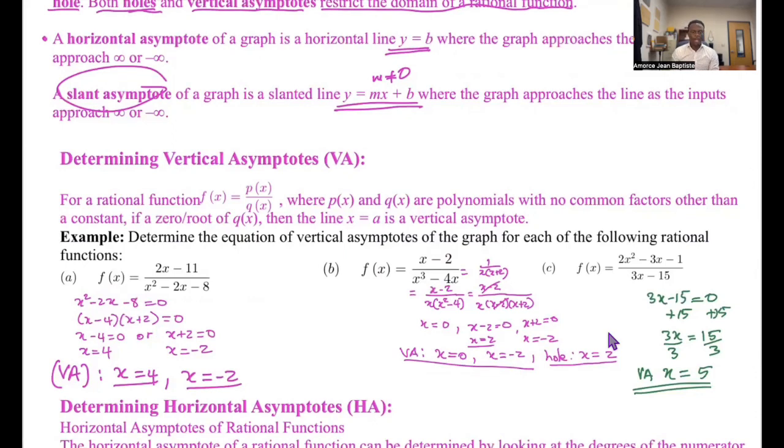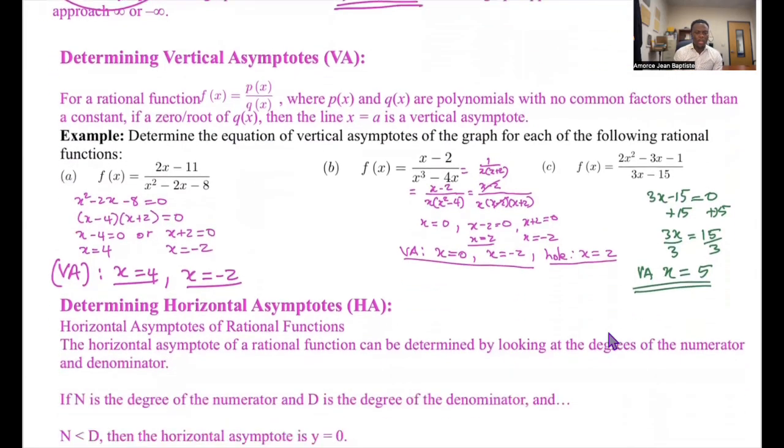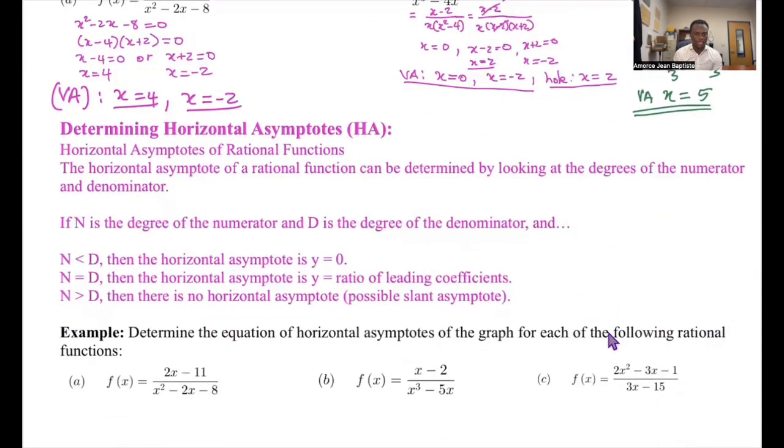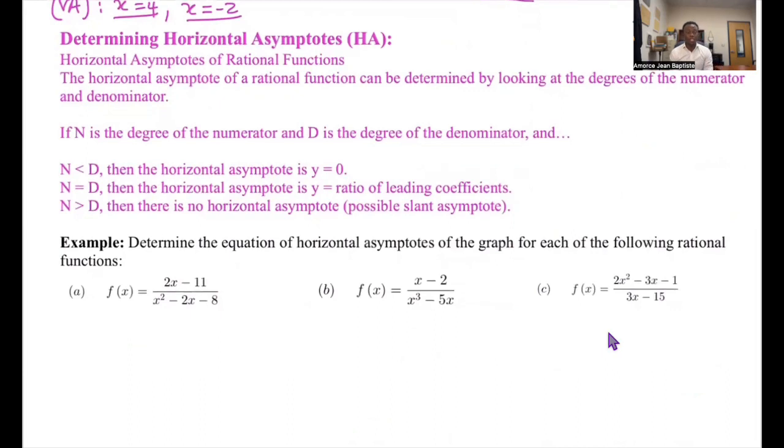Okay. Now, how do we find horizontal asymptotes? To find them, you have 3 conditions to check whether a horizontal asymptote exists and what it is.